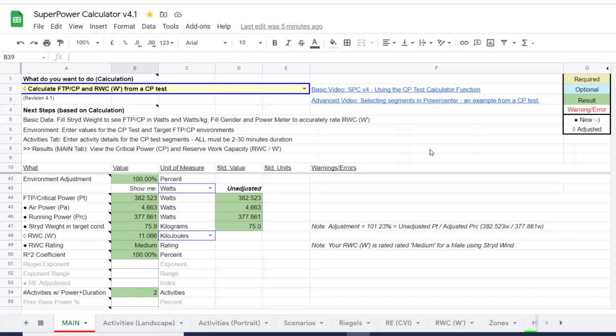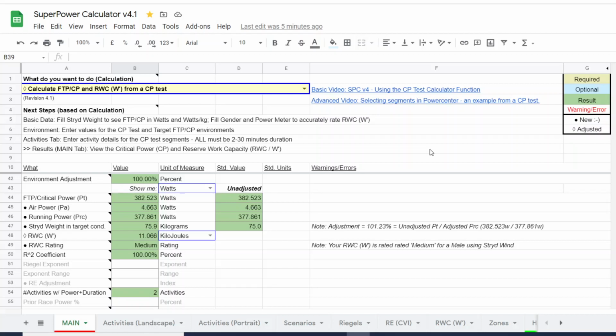I'm going to stop there and put one caveat here. Non-motorized treadmills, just stop this video, and we'll talk about it in another video. This does not apply.